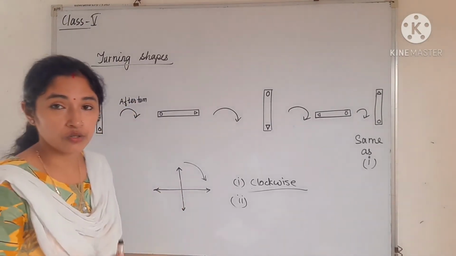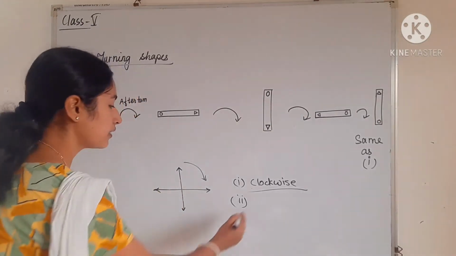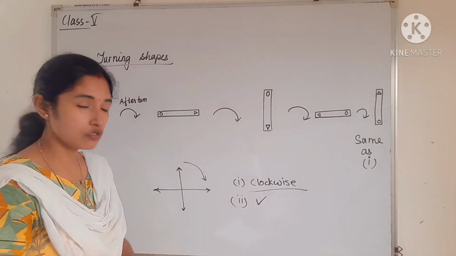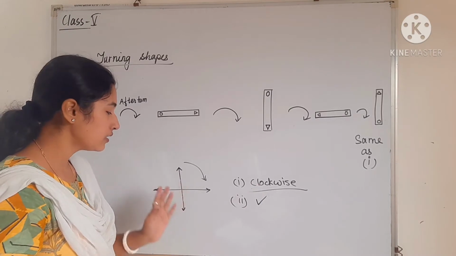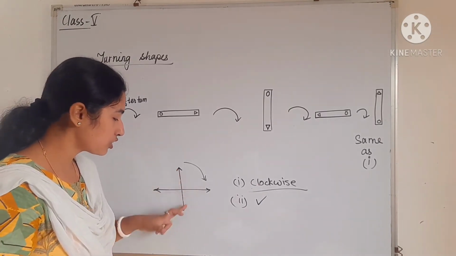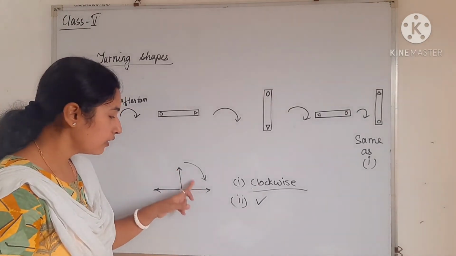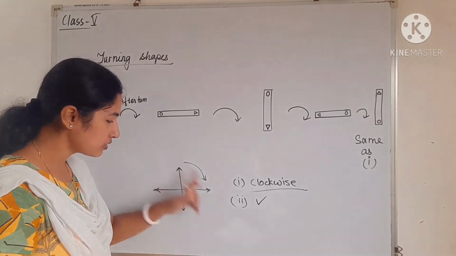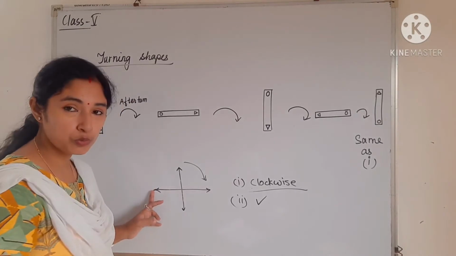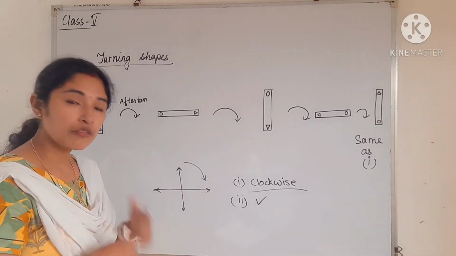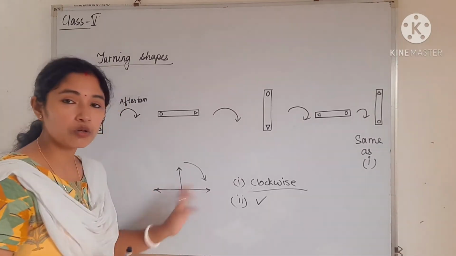These are the two points you have to keep in mind. First, I told you already, the clockwise direction, and the second point is you have to maintain this position. You cannot stop in between. After turning, every time you have to stop in this particular position.